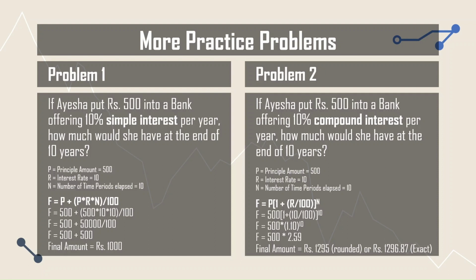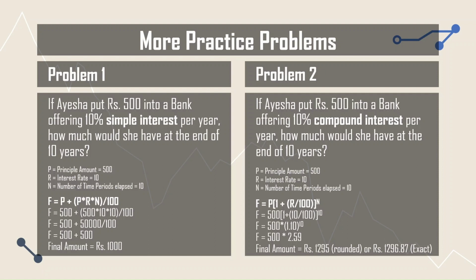I've taken a rounded number here because the number is like 6, 7 digits past the decimal point, and I'd recommend you do the same for future reference. But if you didn't, then there are 2 potential answers. If you did round it in that step, you'll get 1,295 rupees. If you didn't round it, you get 1,296.87 and so on rupees. Either of these answers is right, and if you got one up or down, that's totally fine.